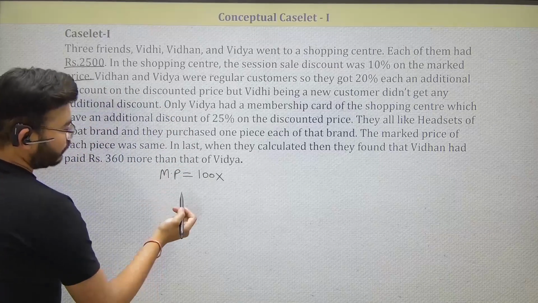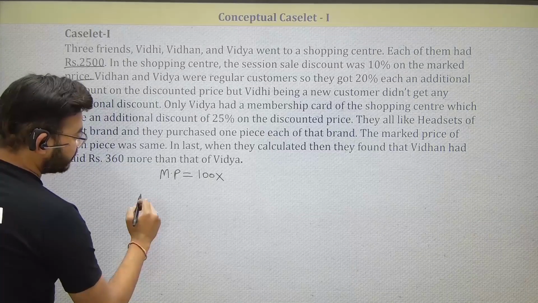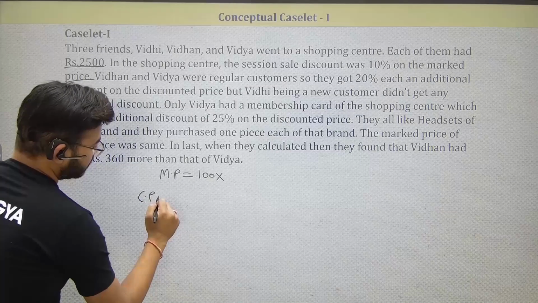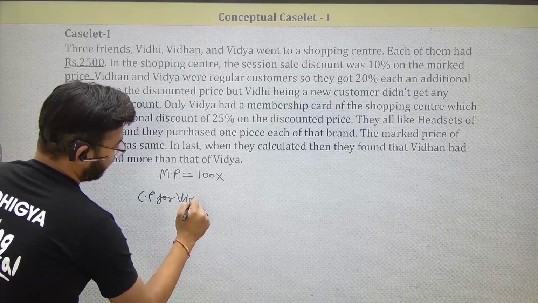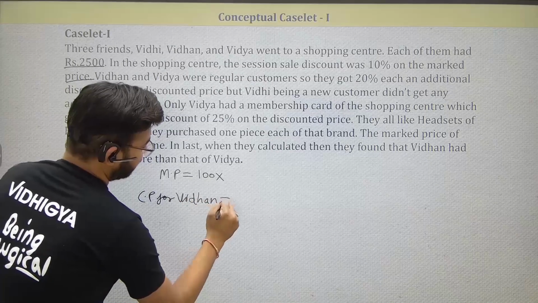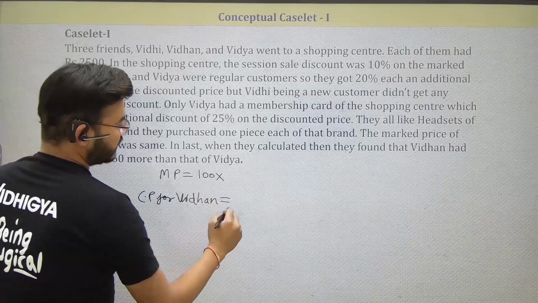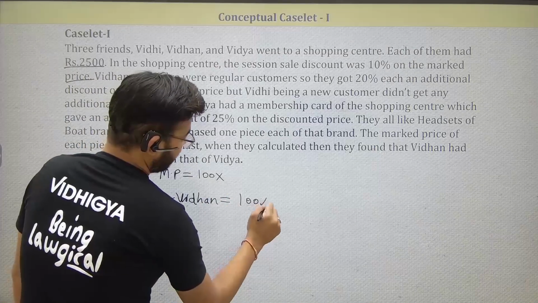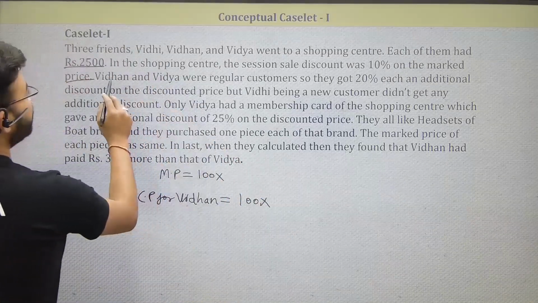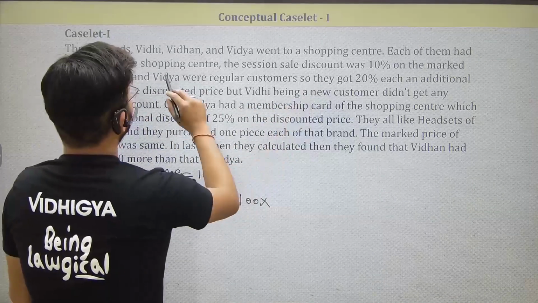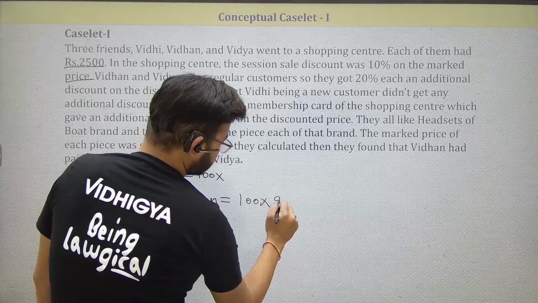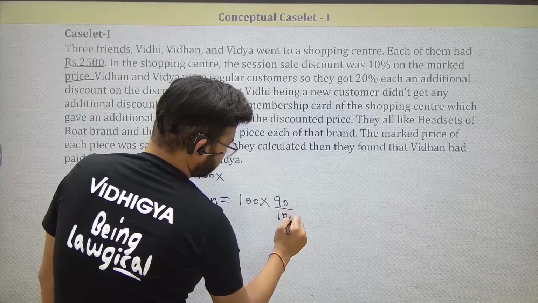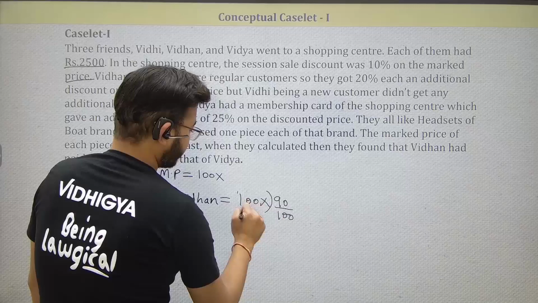Now for Vidhan, the cost price for Vidhan. The mark price was 100x, but everyone got a discount of 10%. So that means the selling price will be 90% of this 100x.